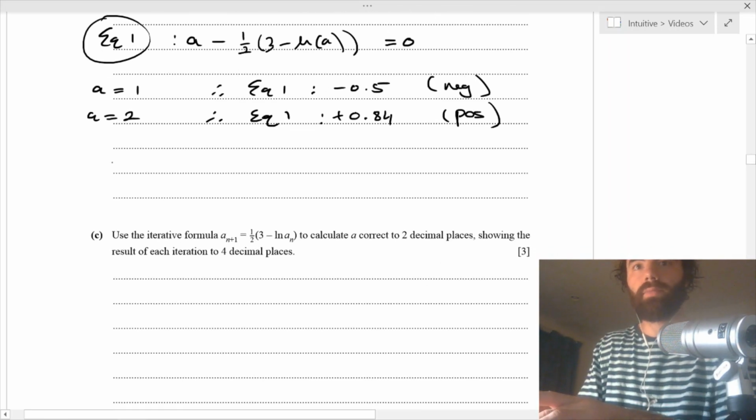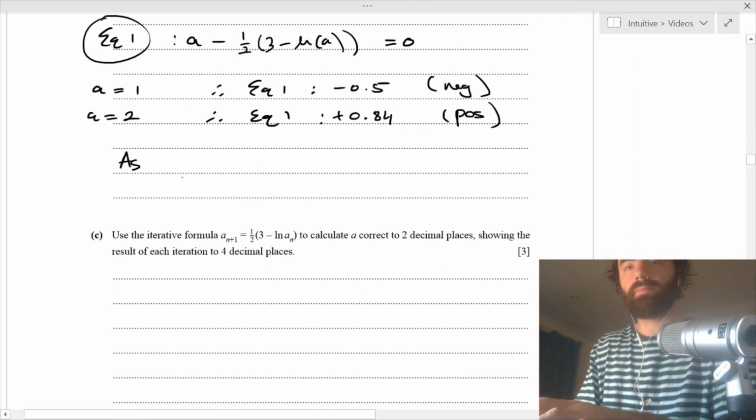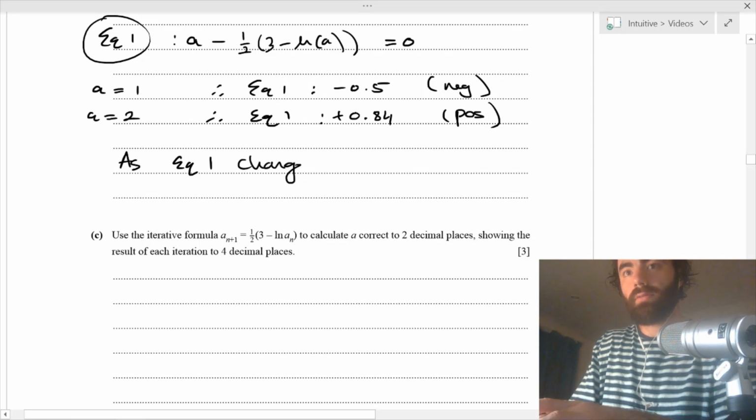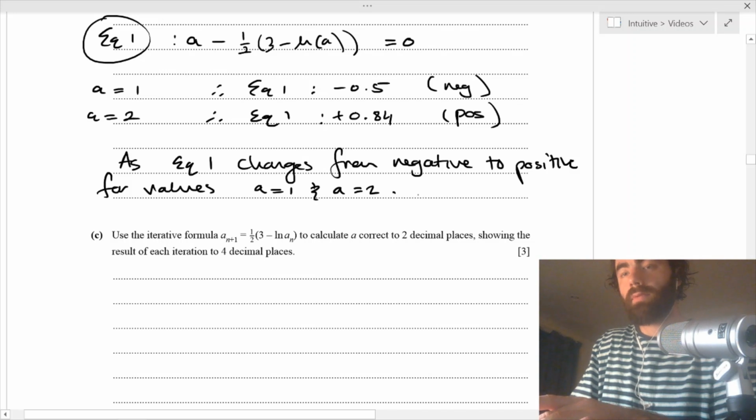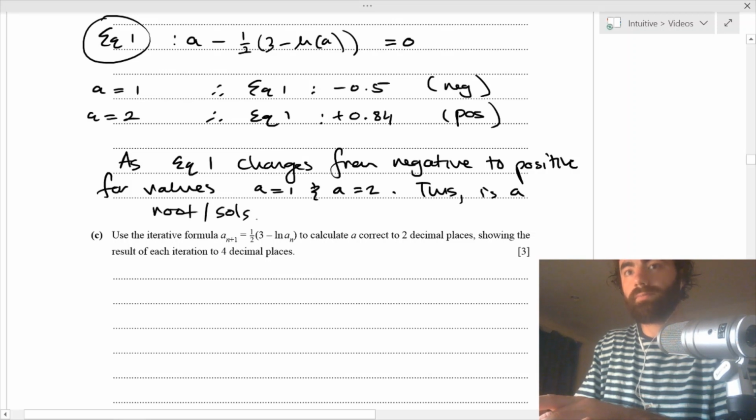So you can say as equation 1 changes from negative to positive for values a equals 1 and a equals 2, thus there is a root or solution between them.